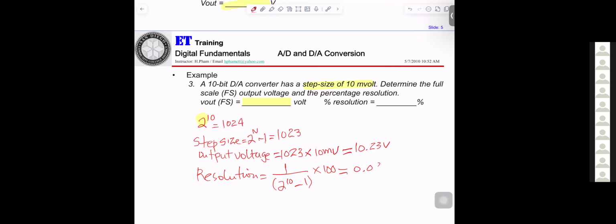Right. That's the resolution. How did you get the 10 millivolts? They're given here. It has a step size of 10 millivolts. And where it says V out FS, what is that?